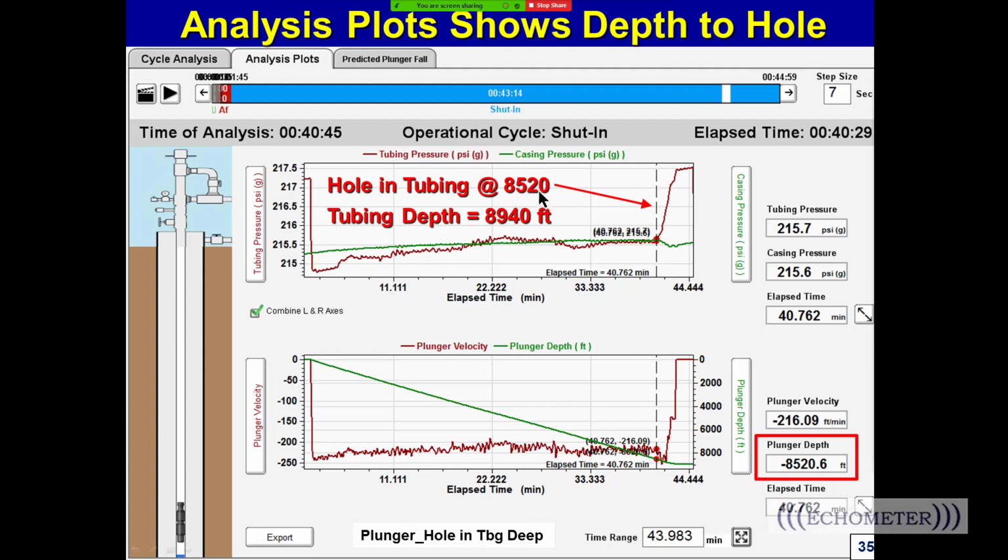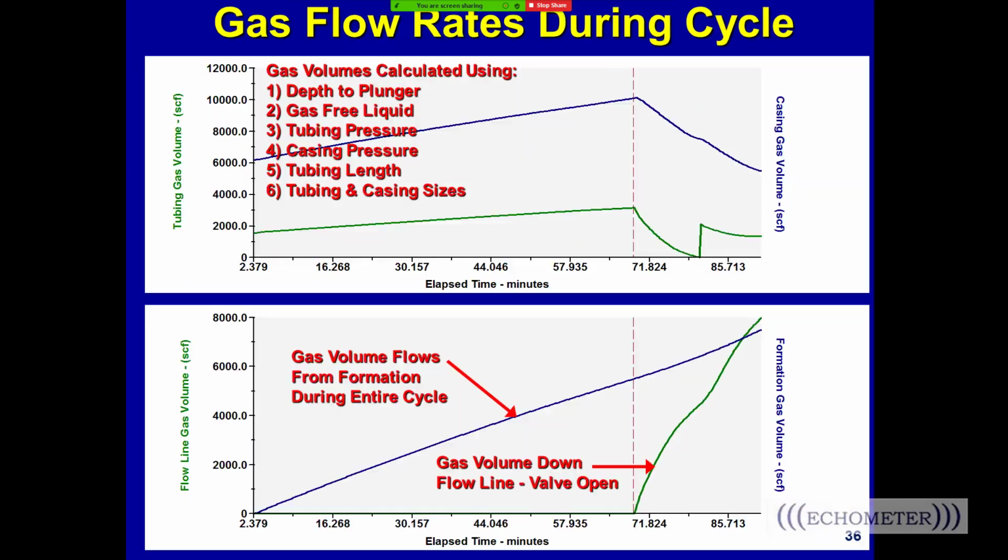The hole's at 8520, and it's only about 400 foot off bottom. They were having a hard time seeing this hole, and once they tracked the plunger, they could easily see the hole in the tubing. So this behavior, it's just the way it works. The way the plunger is significant, and it shows up on the tubing pressure when the plunger weight's no longer being held up by the gas.